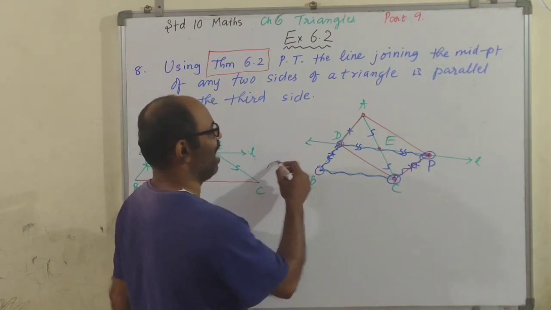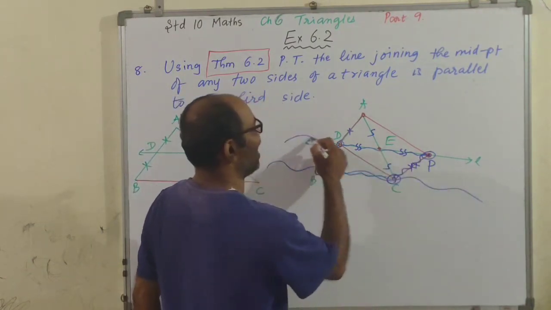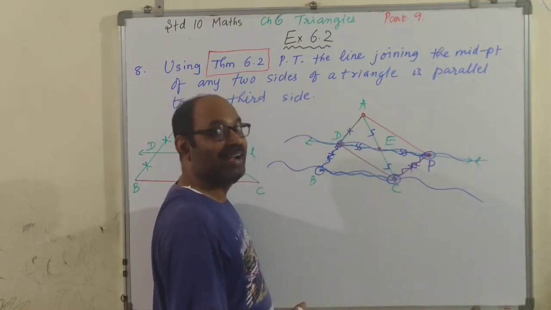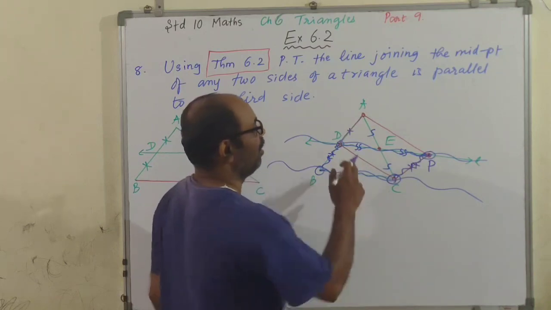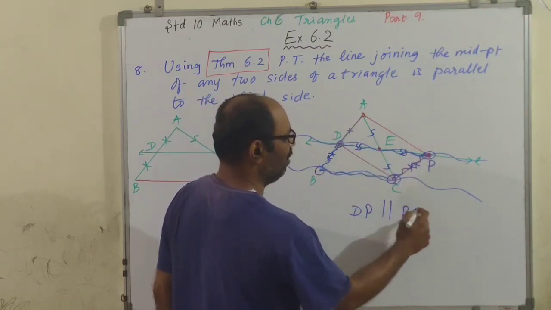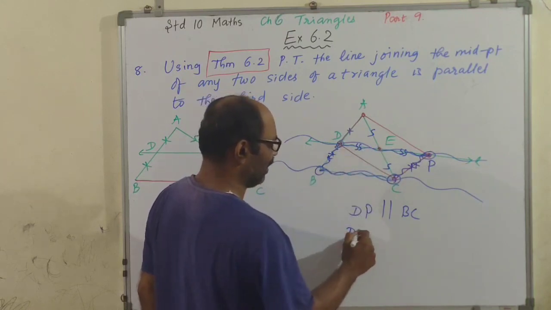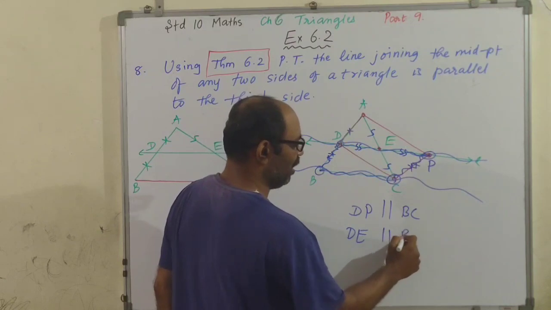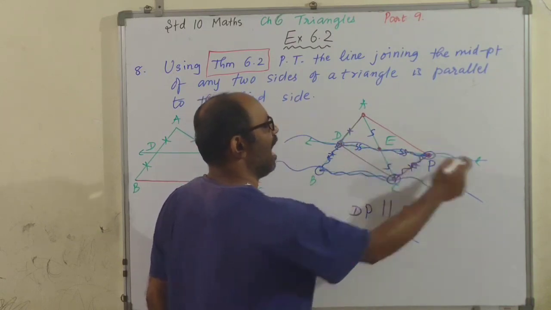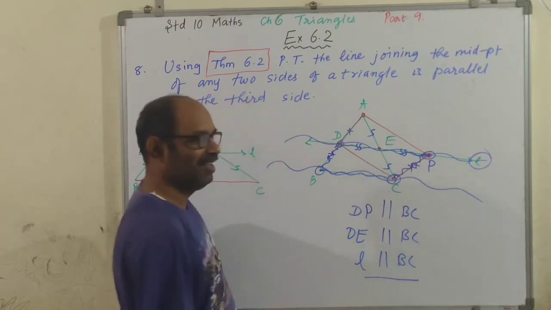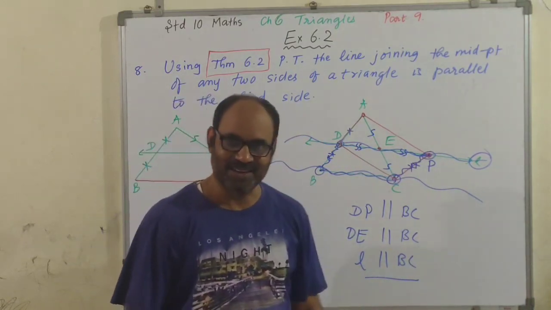If it is a parallelogram, then its opposite sides, this is one pair of opposite sides, they are parallel by definition of parallelogram. That means DP is parallel to BC. DP you can also call DE, because D, E, P is parallel to BC. Or if you want to call DP as L, you can. L is parallel to BC. Got it, children? Got it?